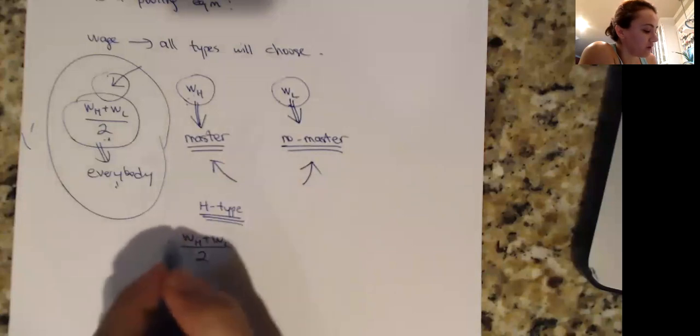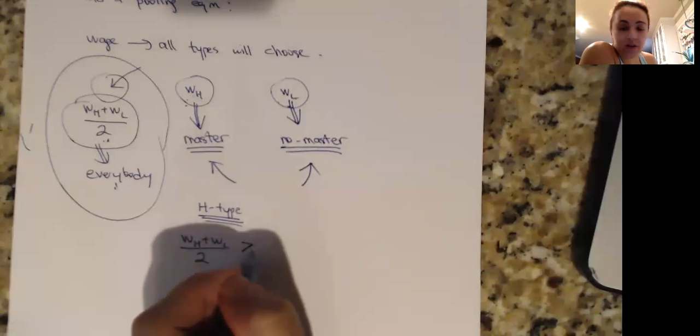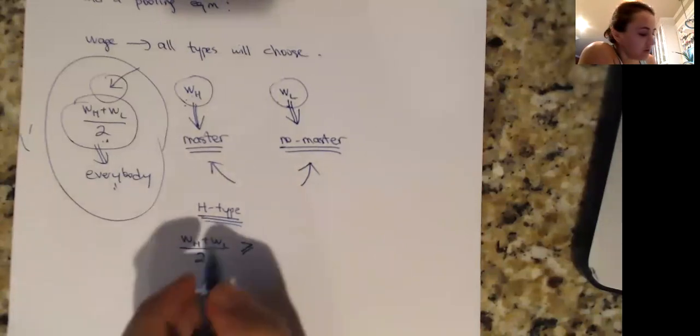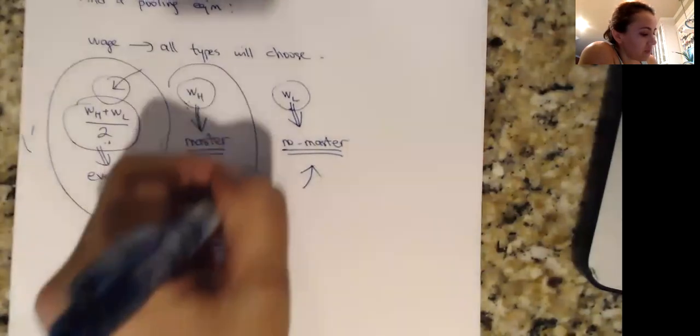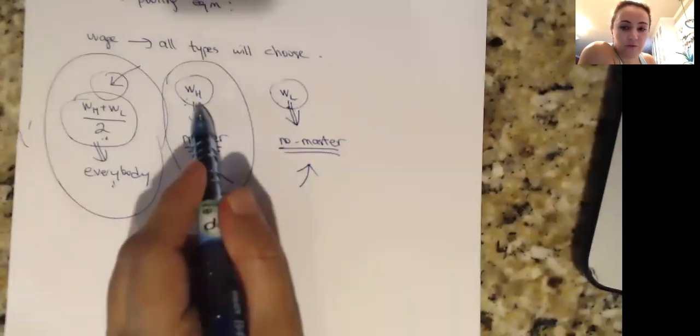So I want this payoff from the pooling wage to be greater than or equal to the payoff of me as a high type choosing to get a master's degree and being offered WH.